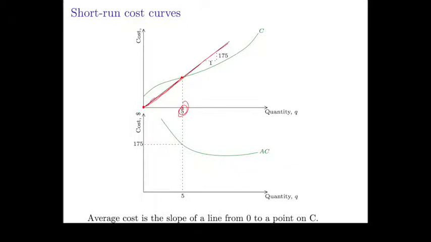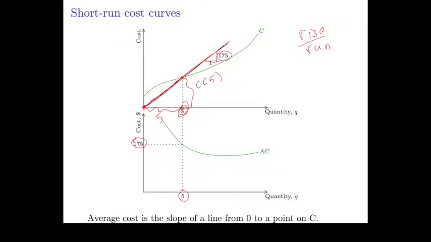If this cost curve is such that this slope is 175, then at quantity 5, the average cost is 175. Remember, the reason we draw this line from the origin to this point is because slope is rise over run. How far is this rising? This is the cost at 5. How far is it running? Well, it's 5.